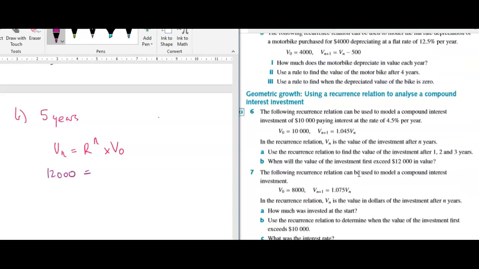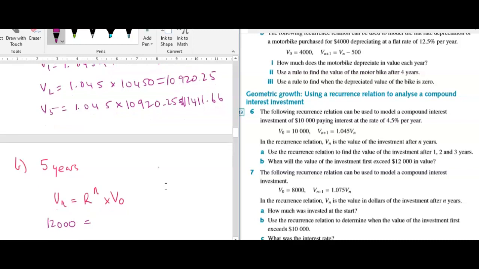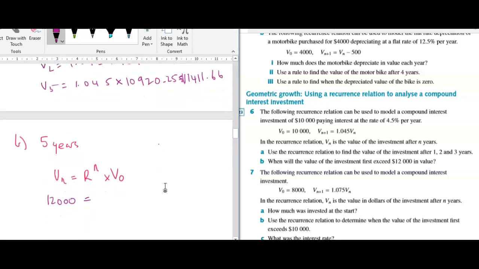R is 1.045, to the power of n, times your initial value, which was 10,000. Now, a little bit harder to solve for n because it's a power, but you can just use solve on your calculator.